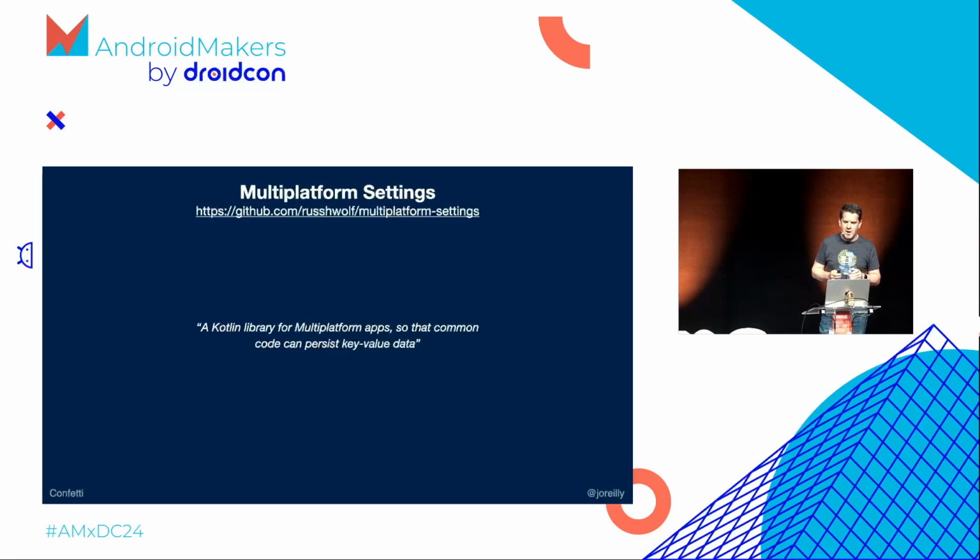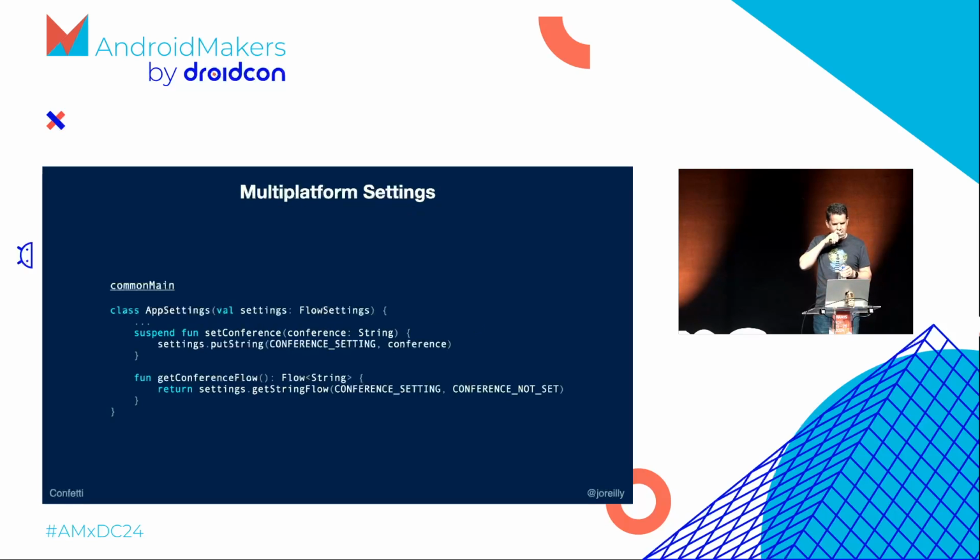Next up is the Multiplatform Settings library, designed to allow persisting key-value data in KMP projects. So this is an excerpt from the Confetti project where we're storing the name of the conference a user selected. If that value was set, then we bypass the conference list screen the next time the app is launched. And we're also observing that setting as a Kotlin flow.